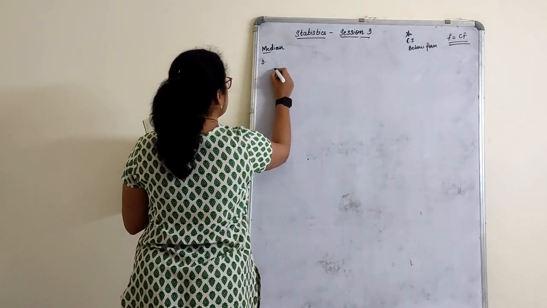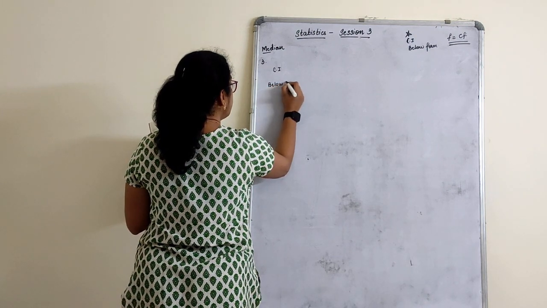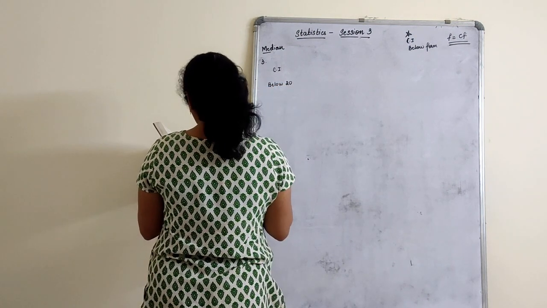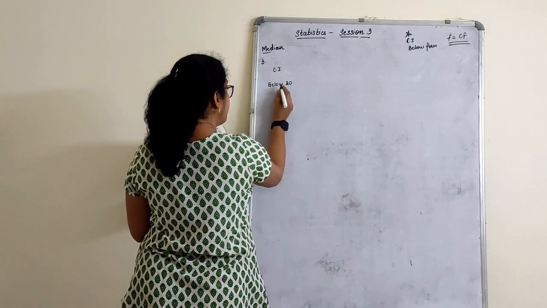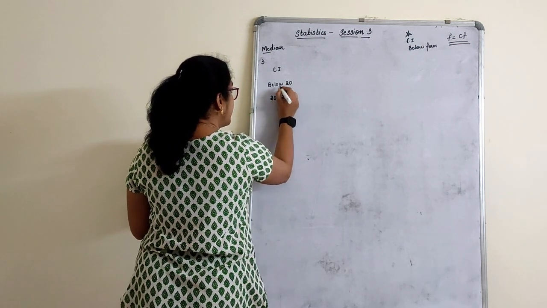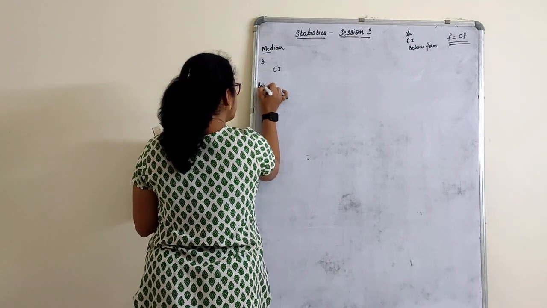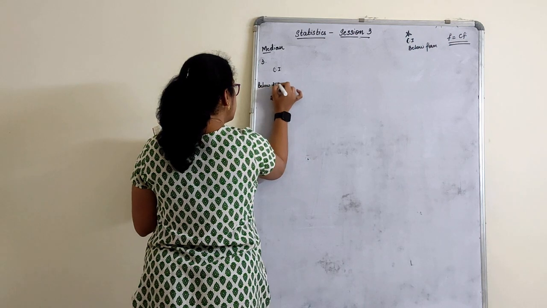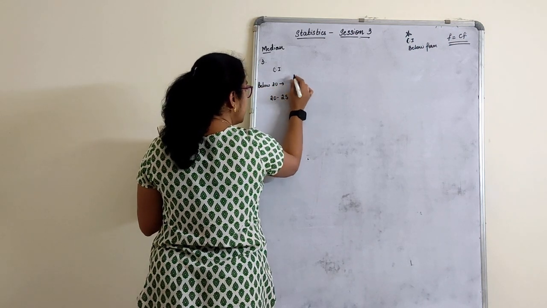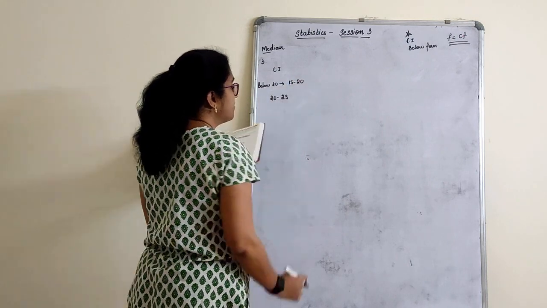We will write the same thing. Class interval, first is below 20 only. The next, here they have given as below 25. Now below 25 is between 20 to 25. So what could this be, children? Below 20 could actually be 15 to 20. Correct?